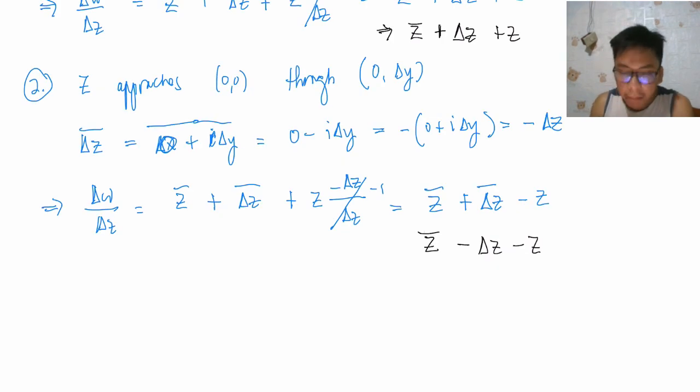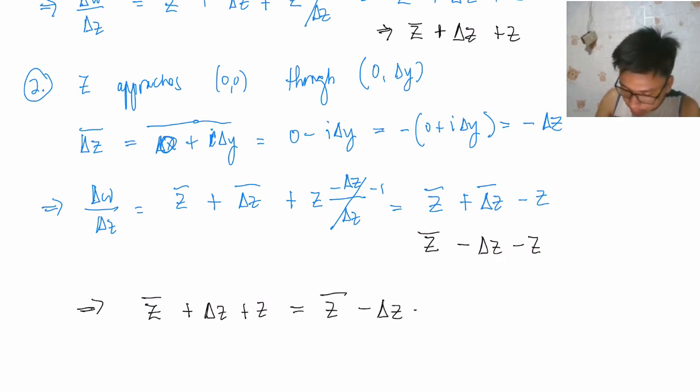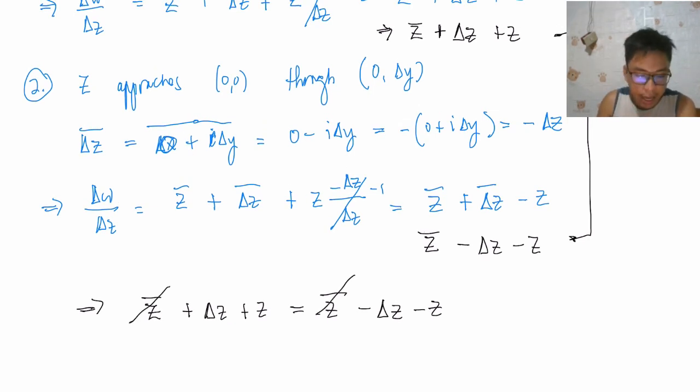By the uniqueness of the limit we discussed in the previous video, z bar plus delta z plus z is equal to z bar minus delta z minus z. So I equate these two because of the uniqueness of the limit. This will be cancelled, and I would end up with the conclusion that z is 0.